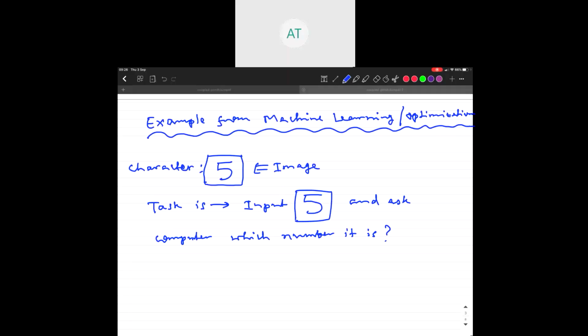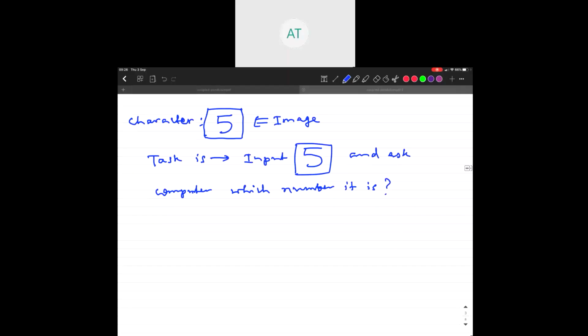In general, computers only identify a sequence of bits or a sequence of information. So this 5 actually could be written in many ways. Therefore, the computer has to be first trained on various types of writing by various individuals.